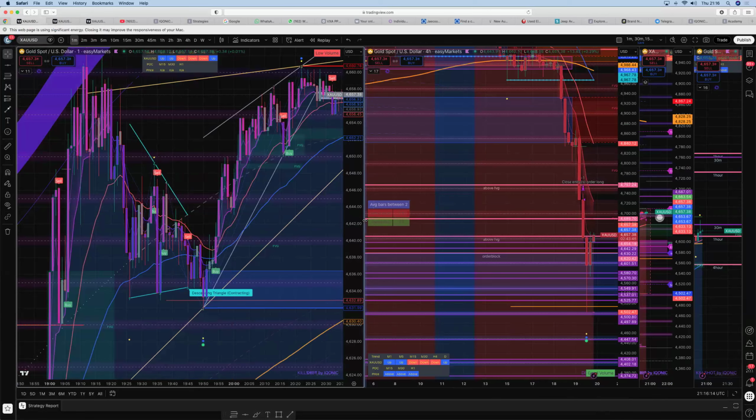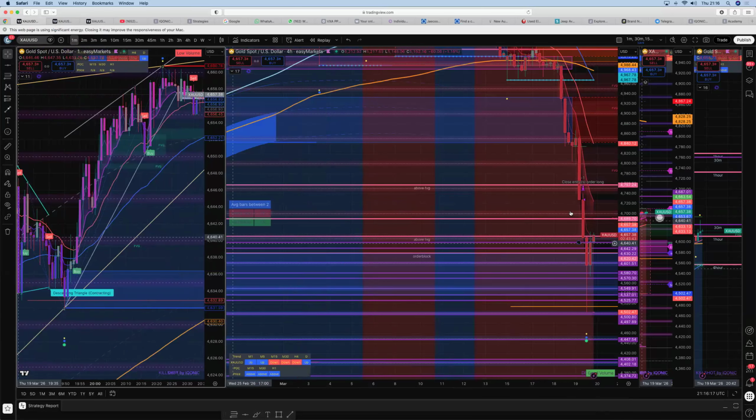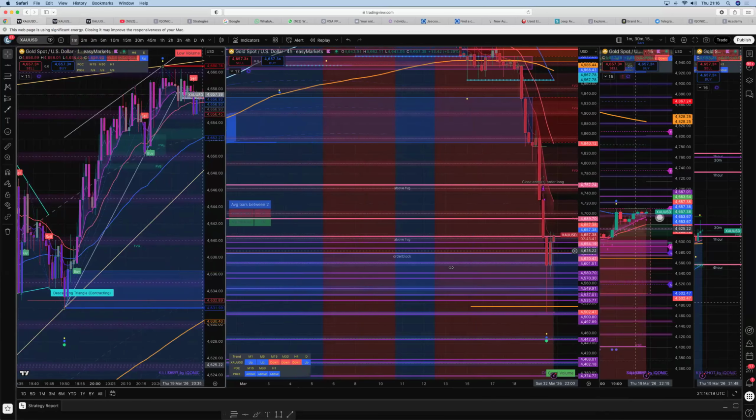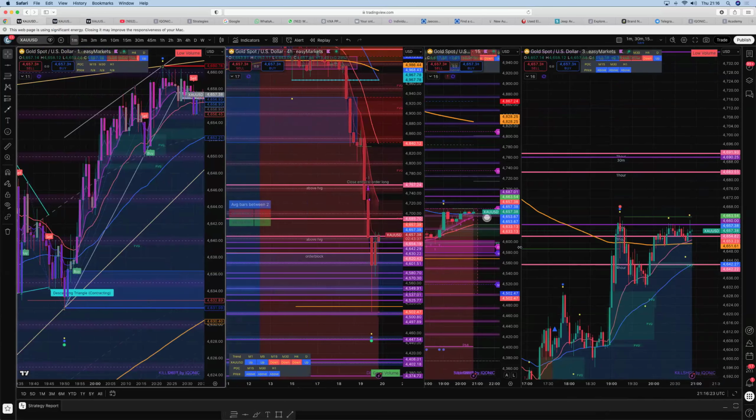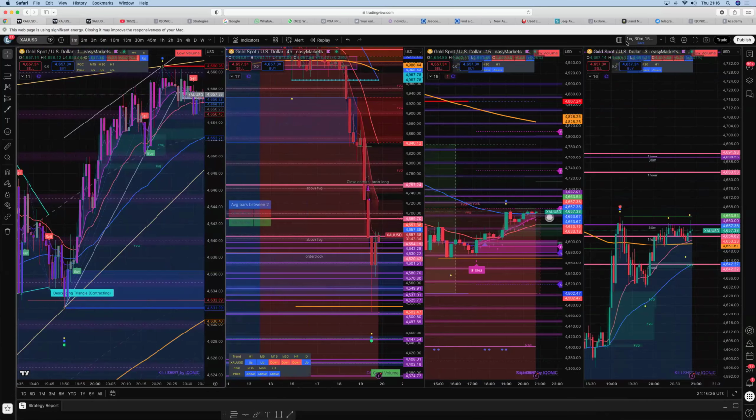Currently, this is a saved chart. As you can see up the top here, it's got 1, 30, 15, and whatnot. And then you've got this one.